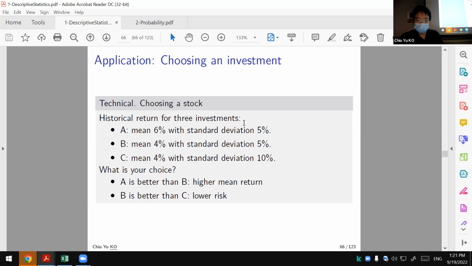So here I don't talk about one thing. Some of you might worry about another investment with a mean of 10 and a standard deviation of 15. How do you compare that to A, B, and C? You don't have a direct comparison, because you need to tell me the trade-off about risk preference.